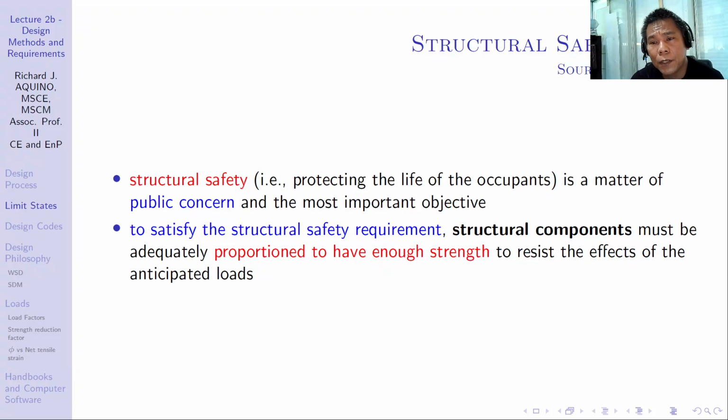In our design, you need to consider all the limit states: the strength limit states, the serviceability limit states, and the special limit states. And towards that end, we need to consider structural safety, because we need to protect the lives of our occupants. Do not neglect that one.